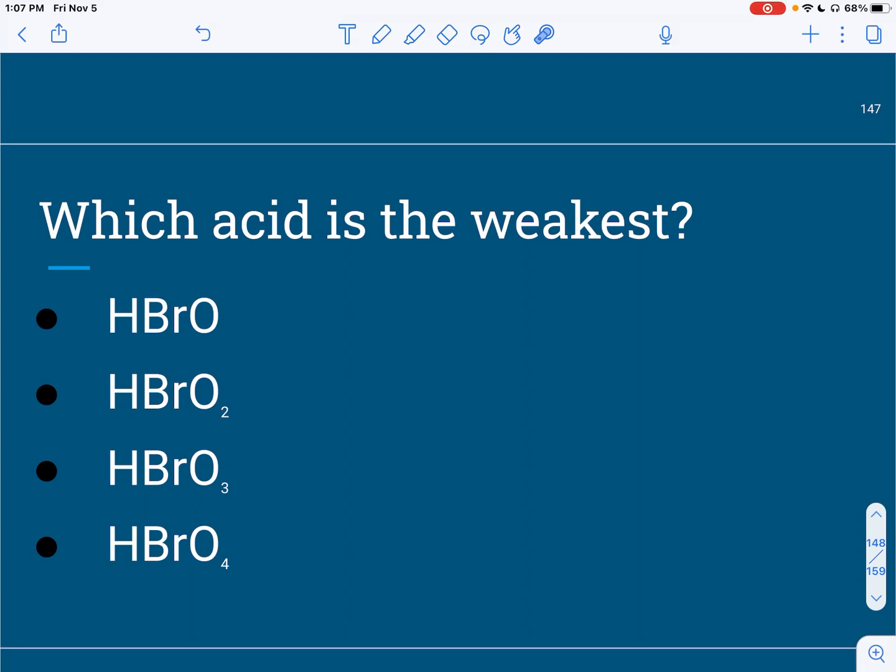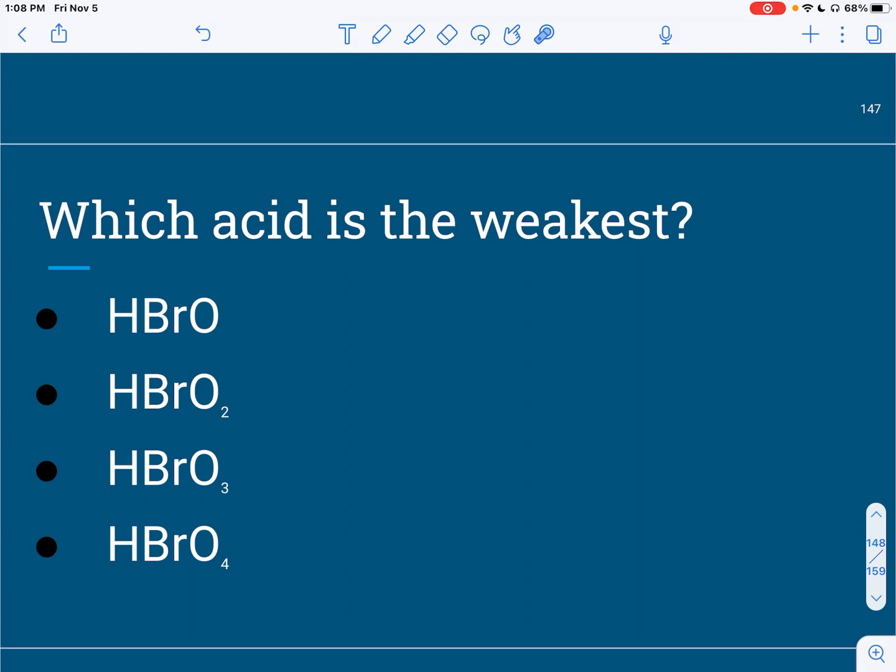More oxygens have more electron drawing power, right? Oxygen compared to hydrogen is way more electronegative. So the more oxygens you have, the more electrons are going to be pulled towards those oxygens. That means that the hydrogen isn't held on as tightly.